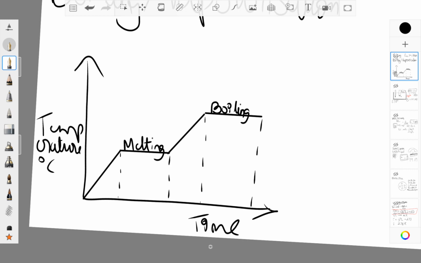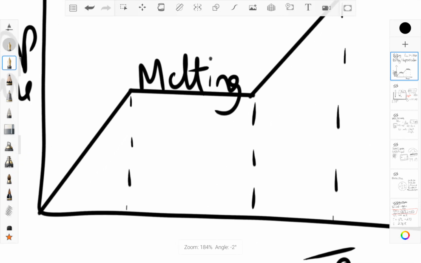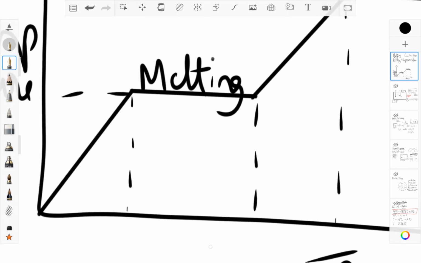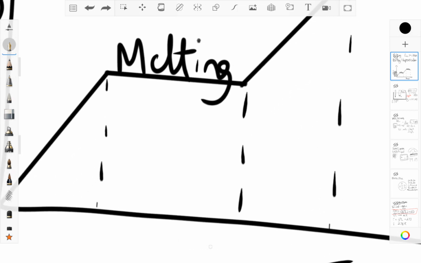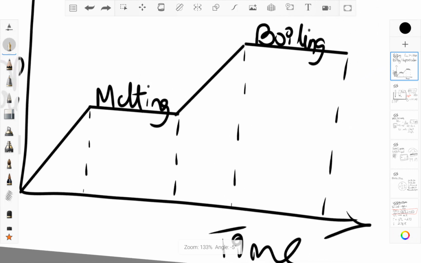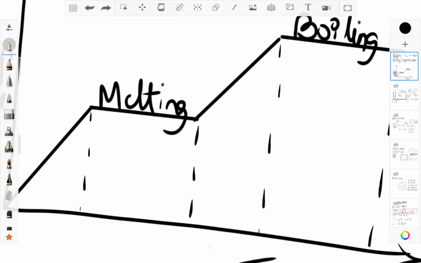Now what does this mean? Let's say I have a solid, ice for example, that reaches its melting point. So this is the melting point of ice. Once it reaches its melting point, I can continue heating it, but all of the heat energy that the ice particles gain is being used to overcome the forces of attraction and see the change of state from a solid to a liquid, which is why for this duration of time, temperature remains constant.